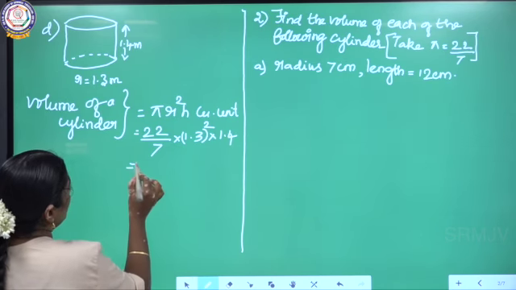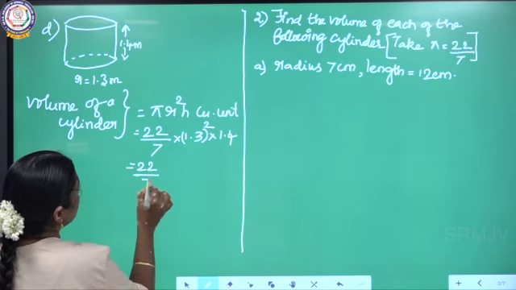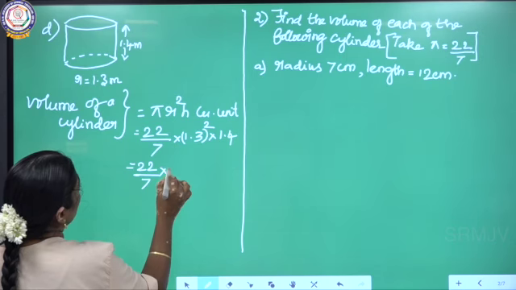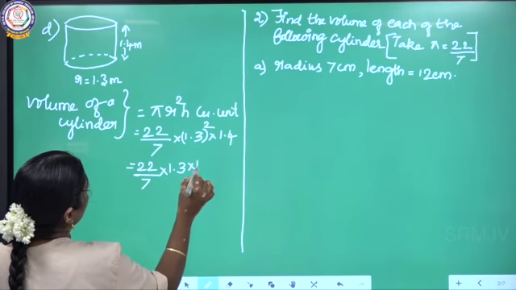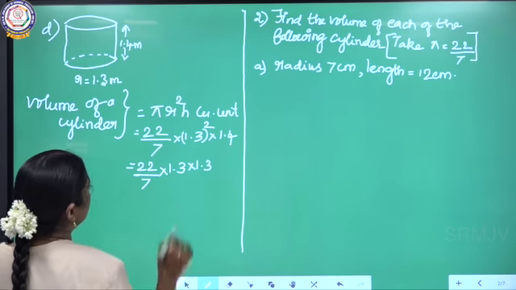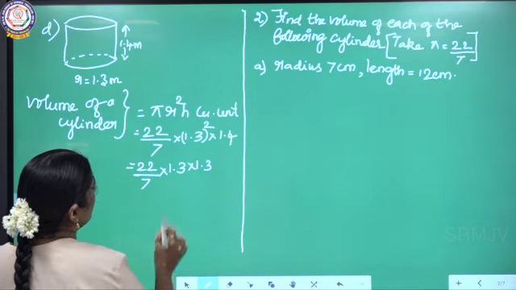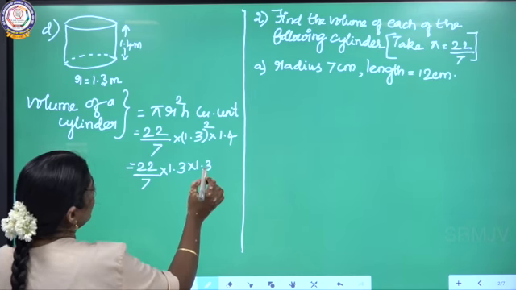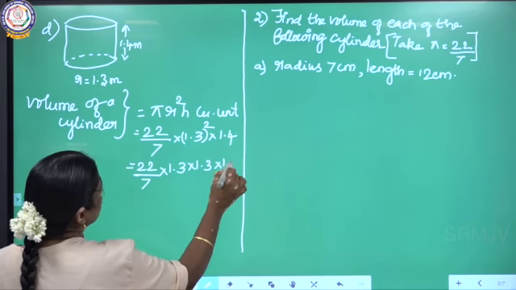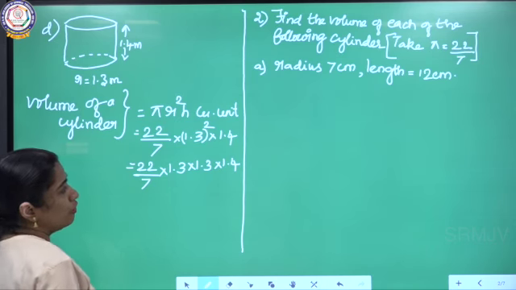Now listen, 22/7 into 1.4 into 1.4. I am just writing the r square into the height, which is 1.4.